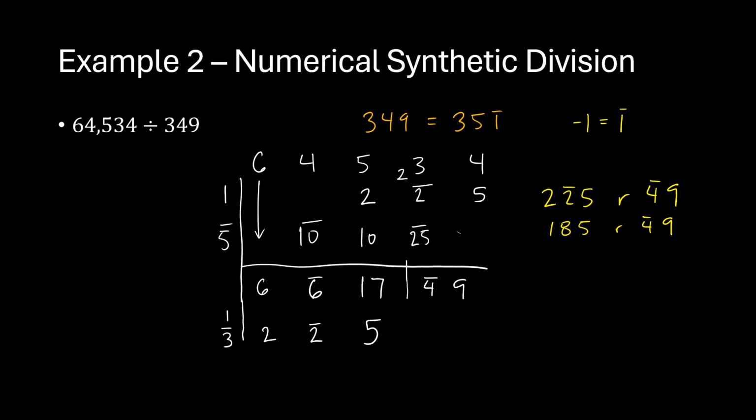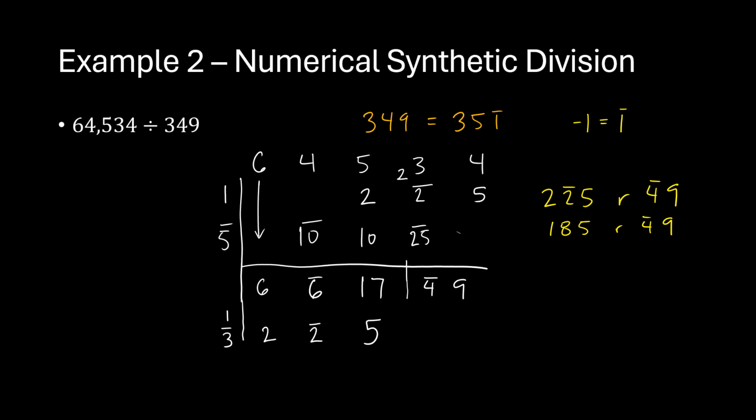Now, with that remainder, it's a negative remainder. So you want to make it positive. And the way that you can make it positive is borrowing 1 whole. Now, when you borrow 1 whole, that is the same as your divisor. So if I'm borrowing 1 whole, then I would add 349, or if I want to make life easy on myself, I can add 350 -1.